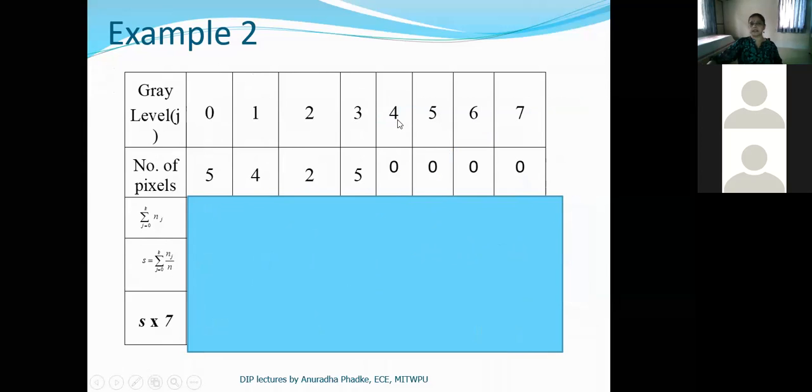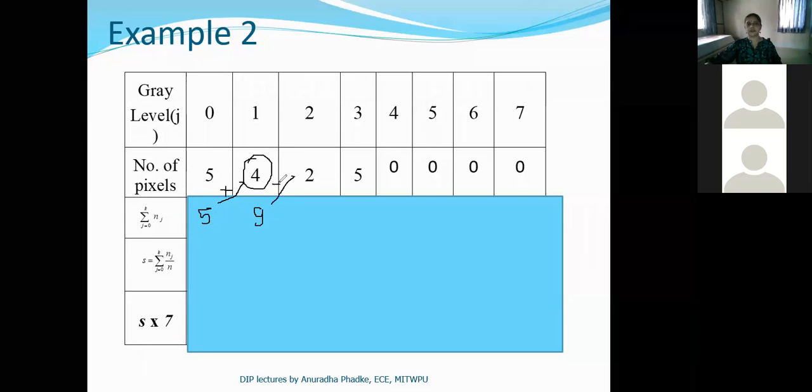For values 4 to 7, there are no pixels, so these values are 0. Now perform the next step, that is cumulative addition. Start with the very first number and just copy it as it is, which is 5. Then add this previous sum to the current count, that is 4. 5 plus 4, you will get 9.